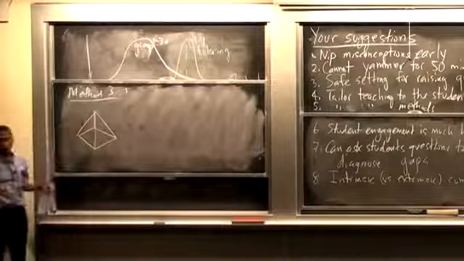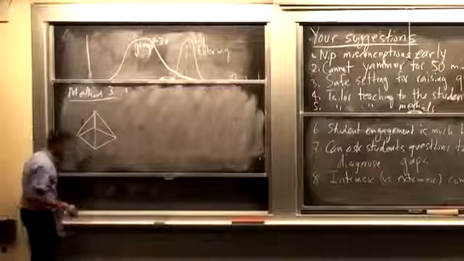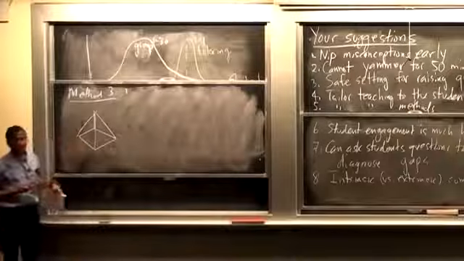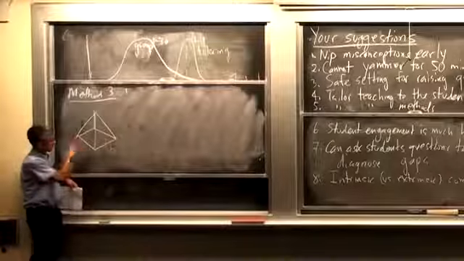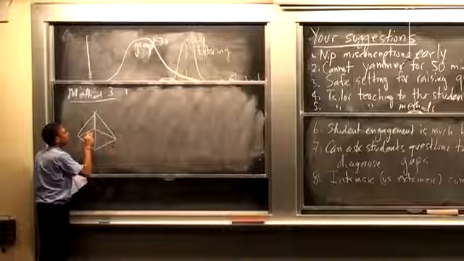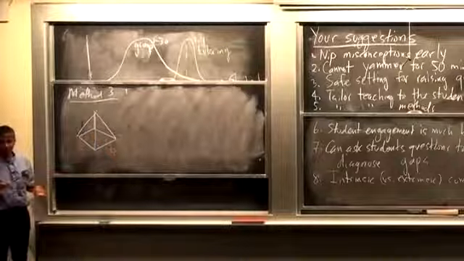So here is a pyramid with a square base, and it's b by b. The length of one side of the base is b, and the perpendicular height of the pyramid is h.